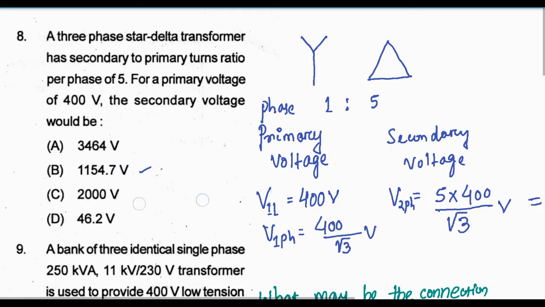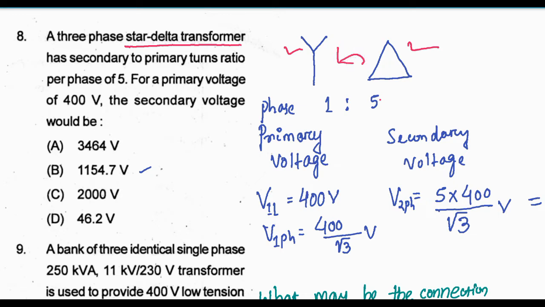Number 8. A 3-phase star delta transformer has a secondary to primary turn ratio per phase of 5. Here it is given a star delta transformer, this one is star and this one is delta, and the secondary to primary turn ratio per phase is 5. That means 1:5, secondary to primary.